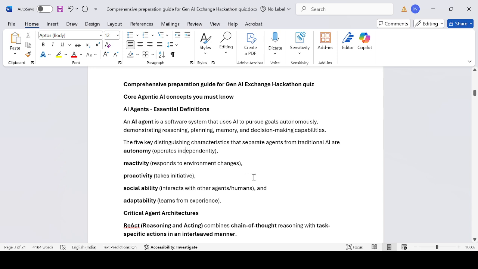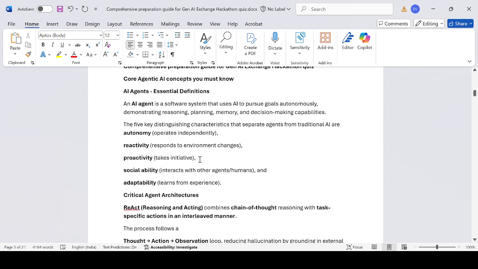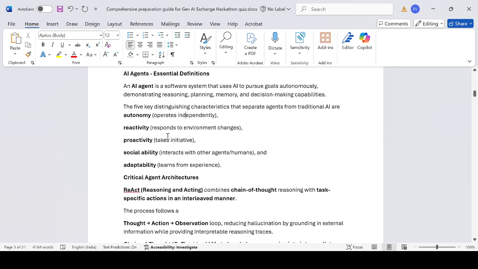There will be five such characteristics when you define an AI agent. The first is autonomy, which means it can operate independently. Number two, reactivity: it responds to the changes happening in the environment.